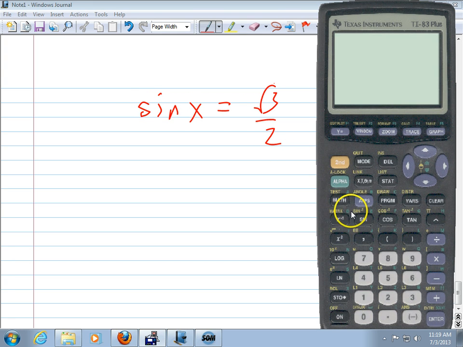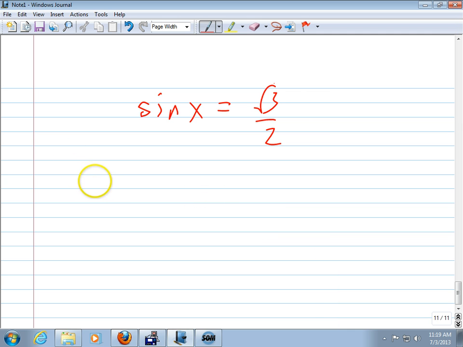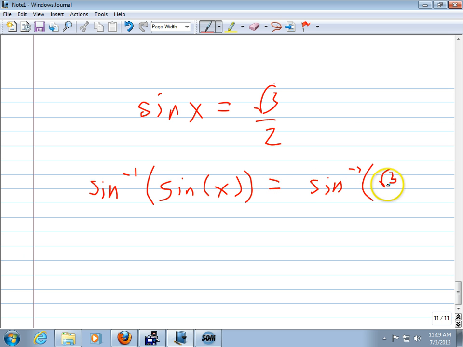Do you see the second sine has sine inverse? That's a symbol for inverse function. If I take the inverse sine of the sine of x, and I do that to both sides, I'll get x, because the sine and the inverse sine functions cancel. That's what inverse functions are for, to solve equations, to cancel stuff.